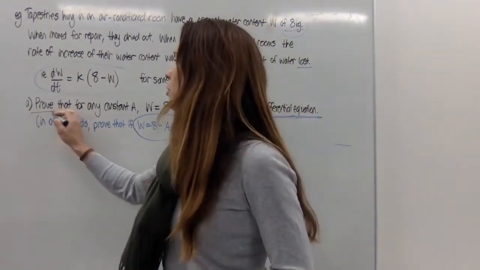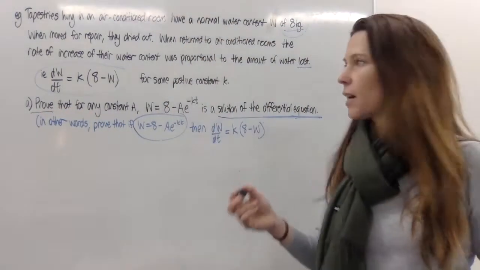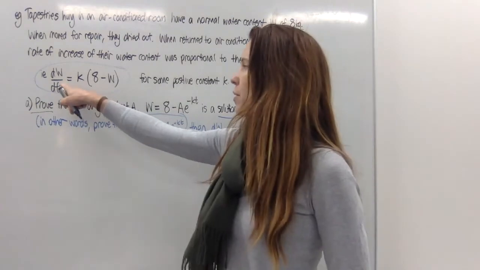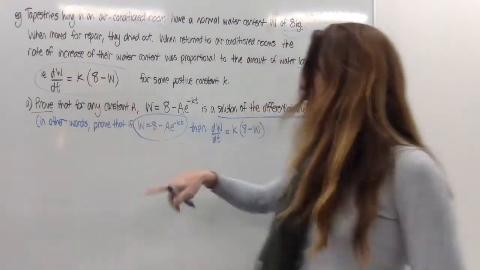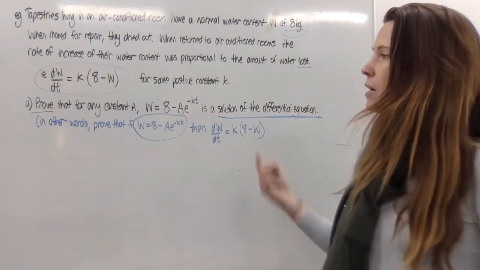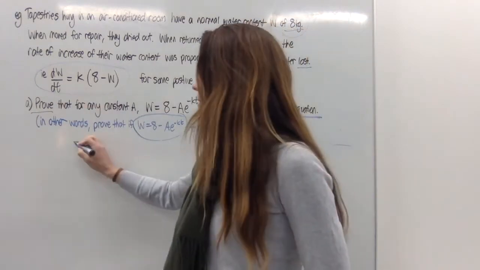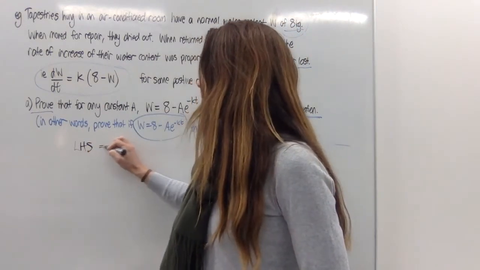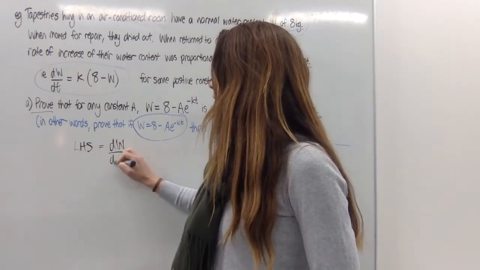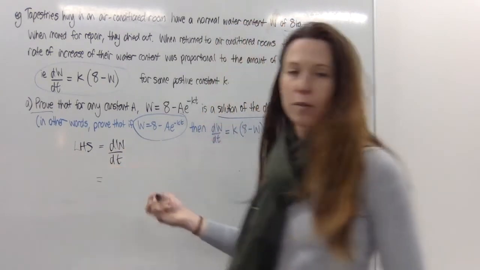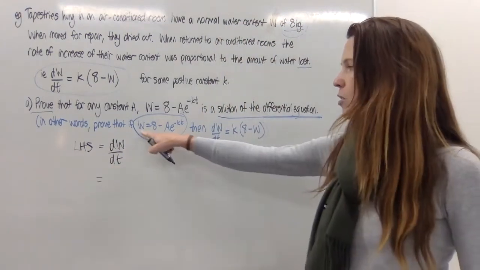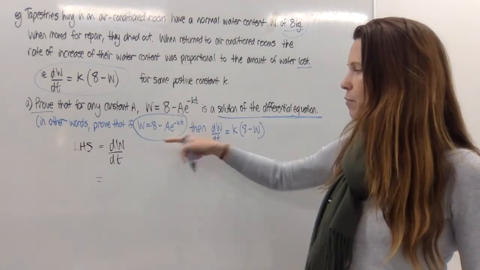All right, so what I would do here in any sort of proof question or show that question, as soon as they've said prove, look at the thing that we're trying to actually prove. We're trying to prove that this is going to work for this. So I would just start with this and say that the left-hand side is equal to dW/dt. And now we can figure out what dW/dt is by just differentiating this version of W that we've been given.